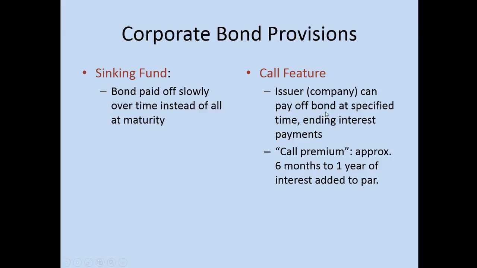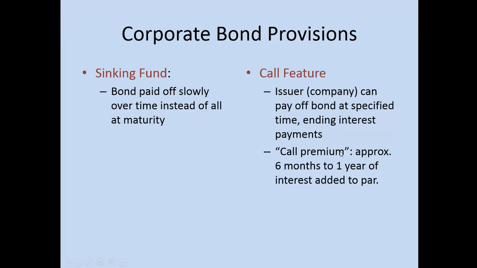Call features are important. Sometimes businesses have the opportunity to pay off your debt early. You, as a bondholder, might not want this because you might have been desiring the level interest payments that you get each half year. So if a company has a call provision and they exercise it, they usually pay you what's called a call premium.